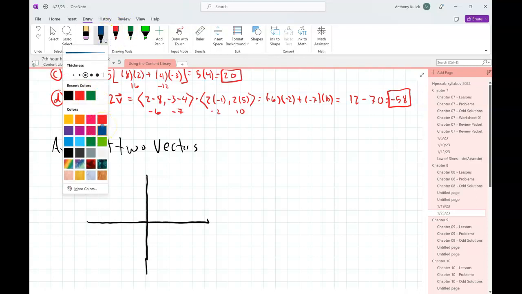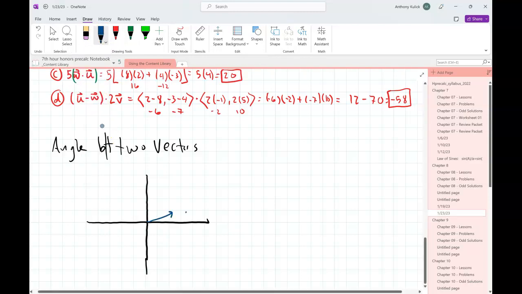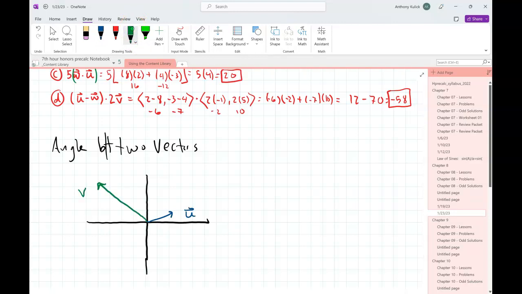I'll have that little guy I'll call u, and this longer guy I'll call v. And what I'm going to be interested in then is this angle between the two vectors.